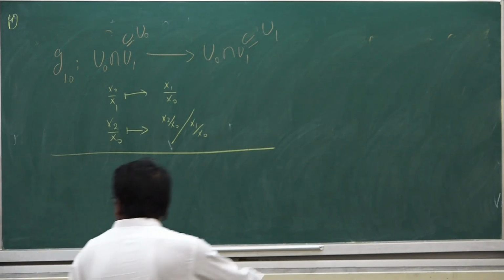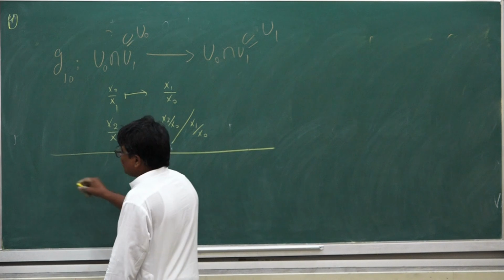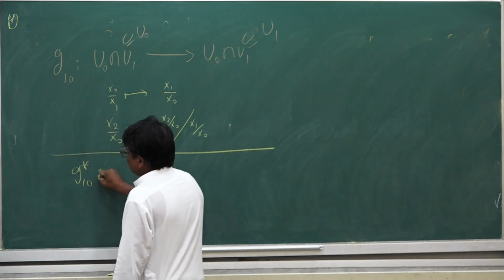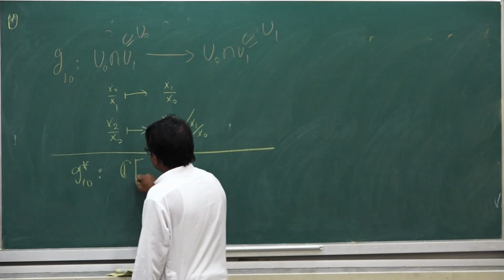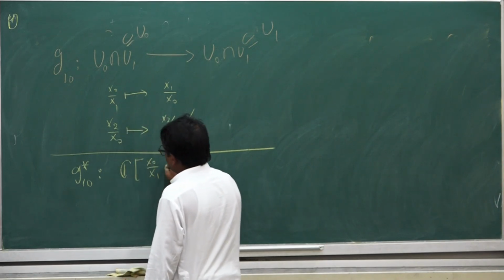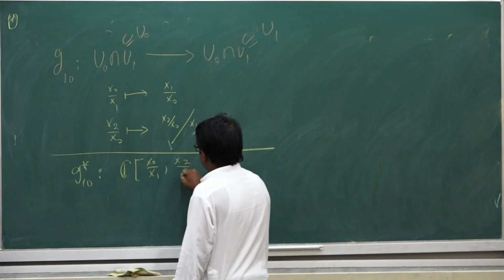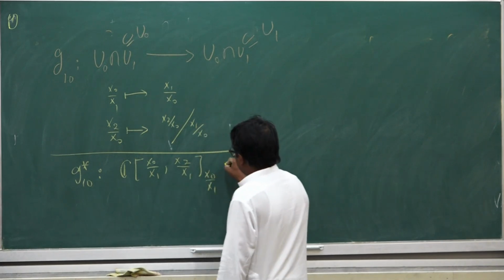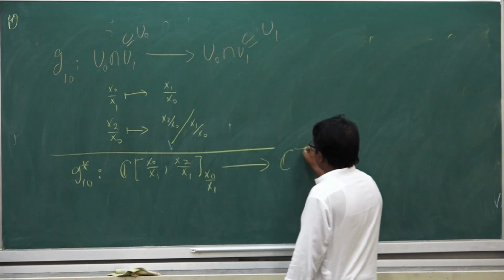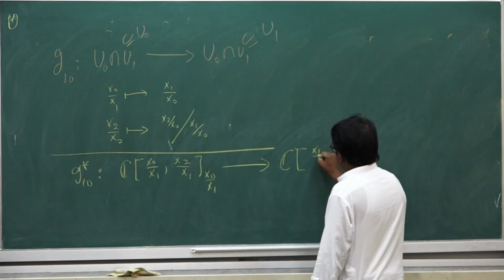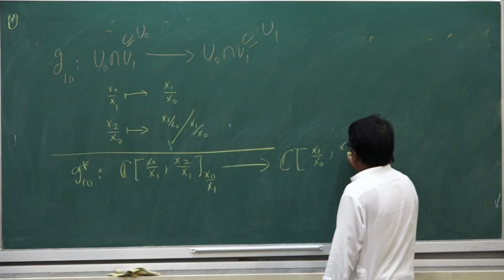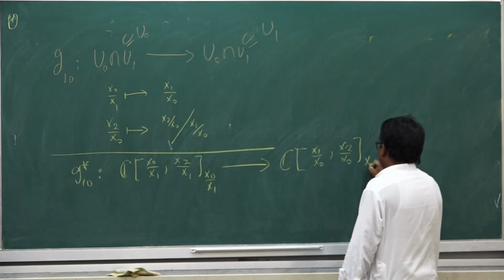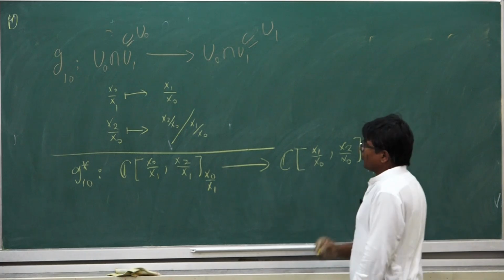And note that I can realize it in the following way, that G10 dual should be a map from x1 to x2 over x naught, x1 over x naught.